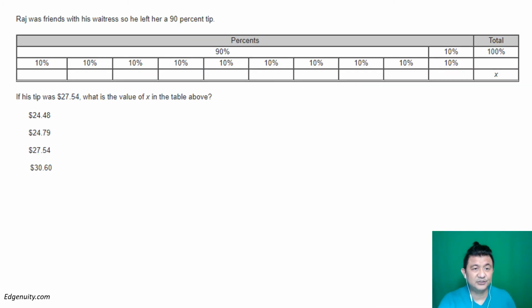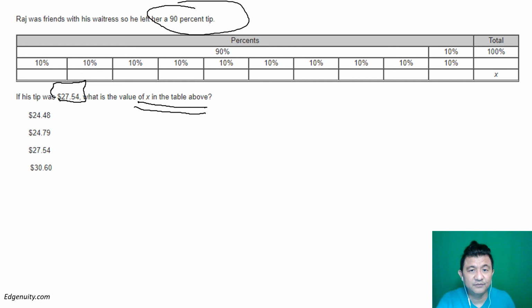Next, Raj was friends with his waitress, so he left a 90% tip, very generous. All of those 90% tip, and then plus 10%, of course, is 100. Okay, if his tip was 27.54, what is the value of X in the table above? So all of this 90% is actually equal to 27.54. All right.